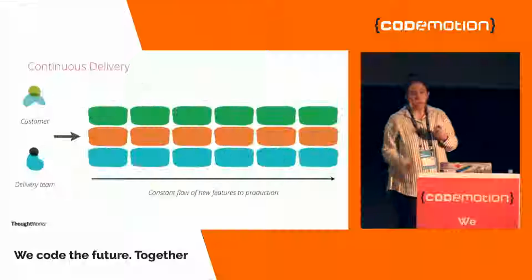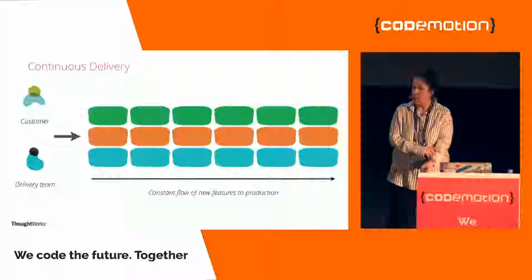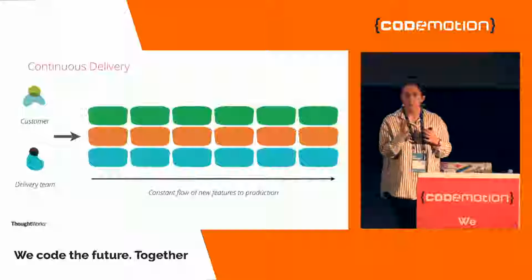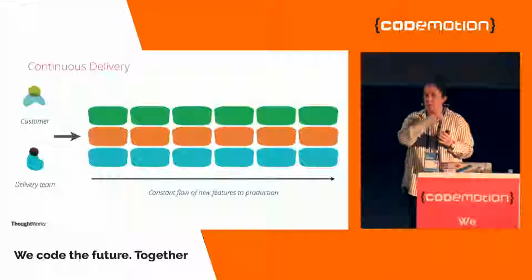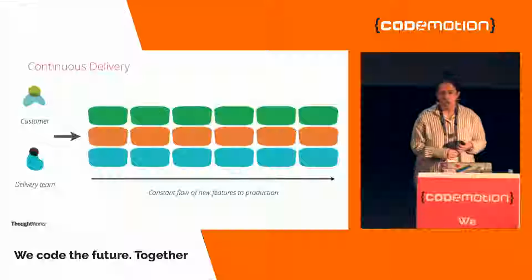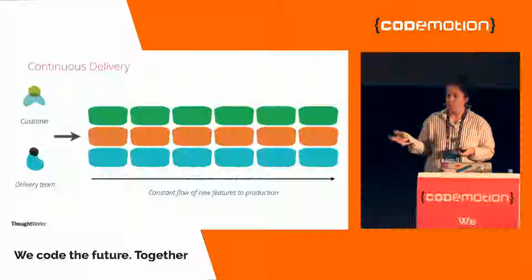So continuous delivery talks about moving all of these activities that are part of this last mile into the beginning of the process, creating cross-functional teams that are responsible for the whole life cycle of the product. And that will allow you a constant flow of new features into production, right?